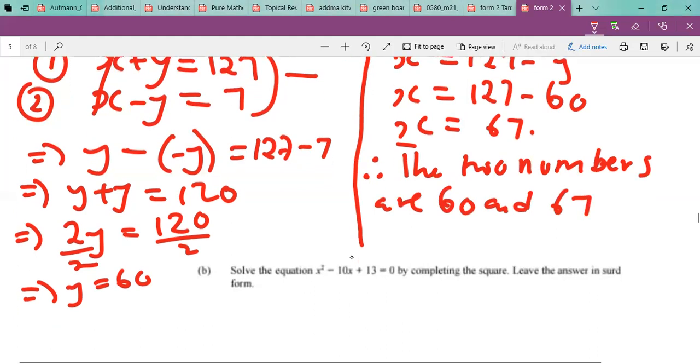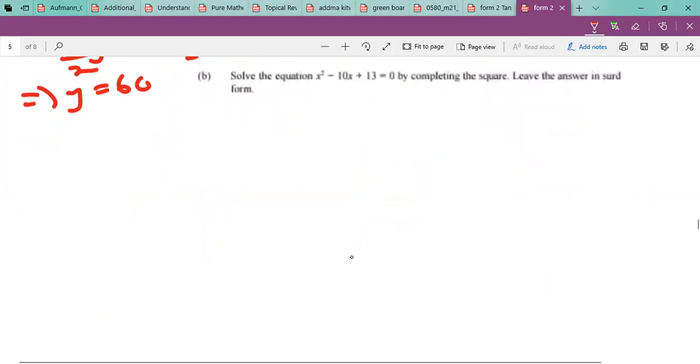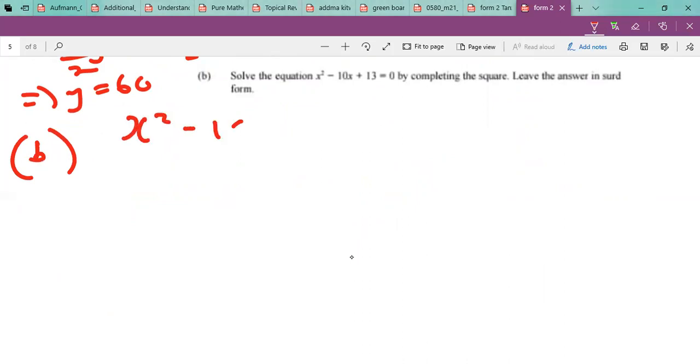Okay, so we go to the next question. Solve the equation. This is B now. x squared minus 10x plus 13 is equal to 0, by completing the square, leaving your answer in surd form.